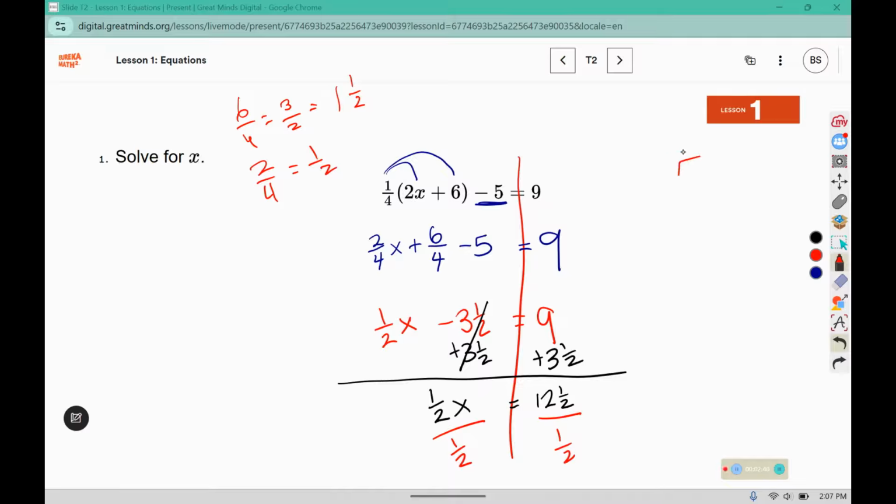When you divide by a fraction, you can use the same flip and multiply strategy. So we're left with x over here because those divide out. 12.5 times 2. Well, 12 times 2 would be 24. 1/2 times 2 would be 1, so this would make 25.